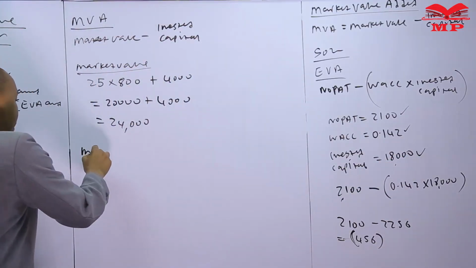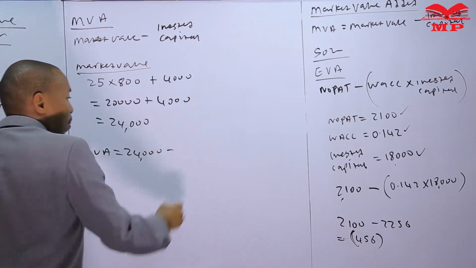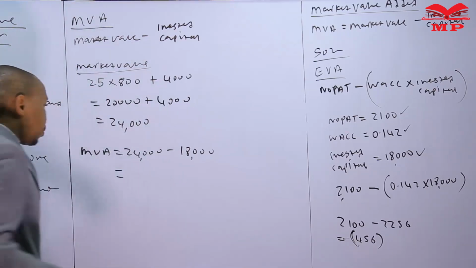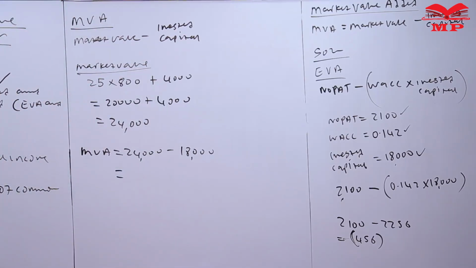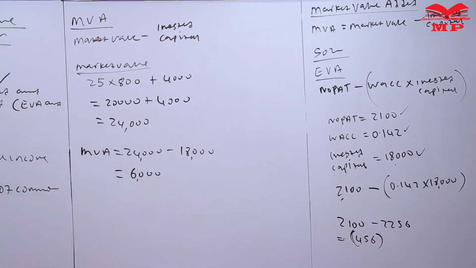So MVA is 24,000 minus 18,000, which is 6,000. That is how you compute the economic value added and the market value added.